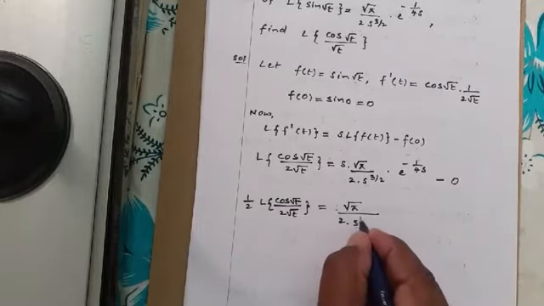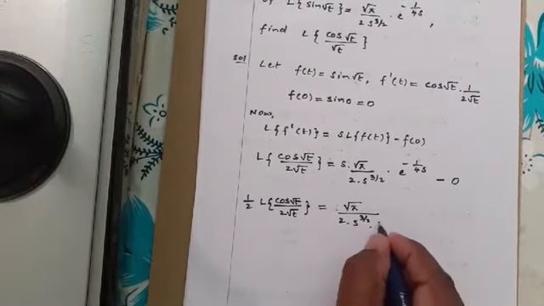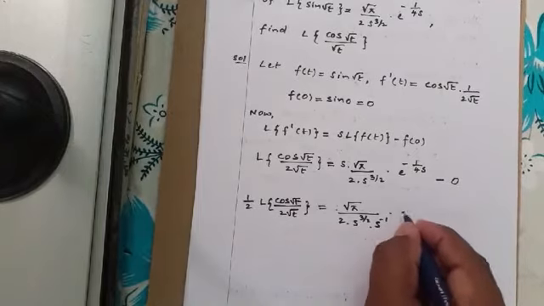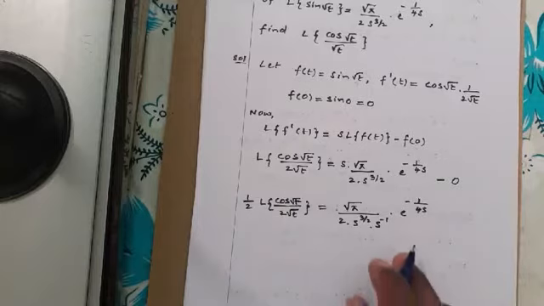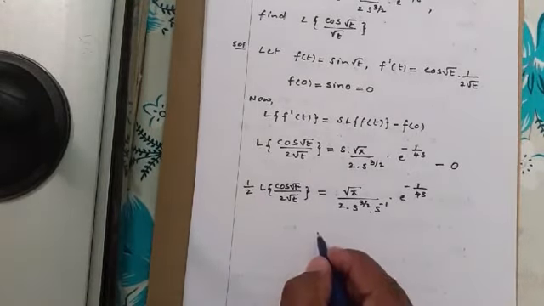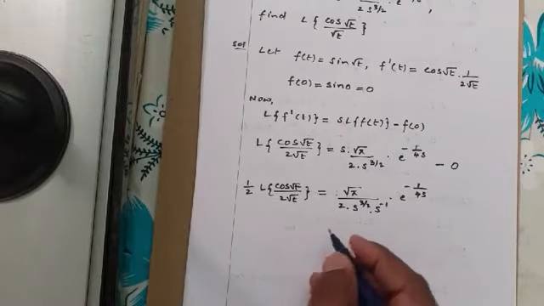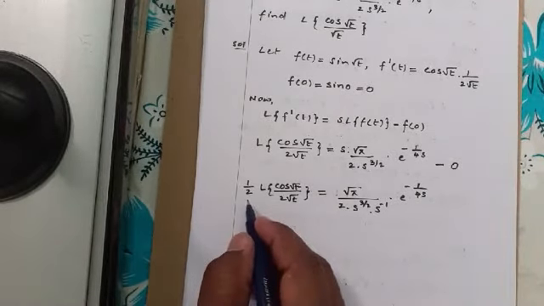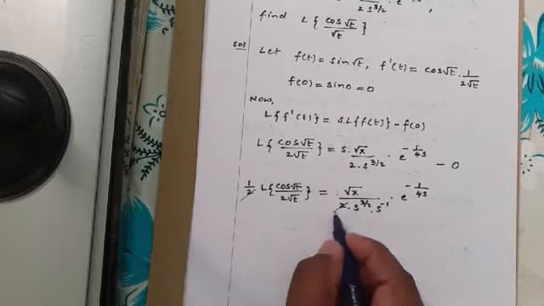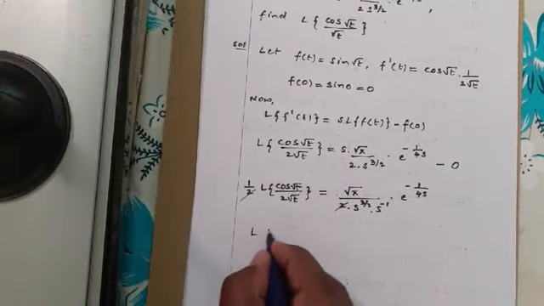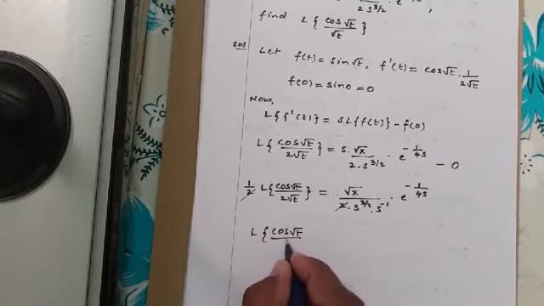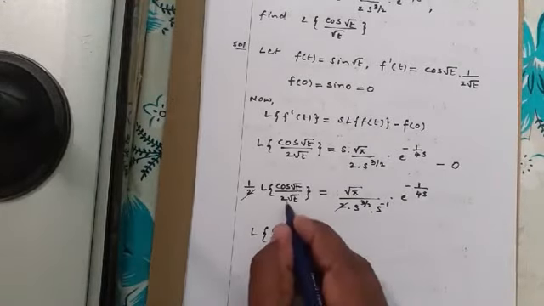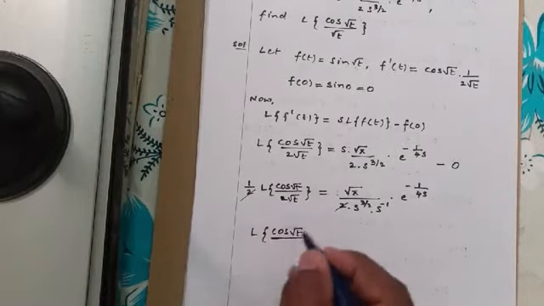This becomes s power 3 by 2 into s power minus 1 into e power minus 1 upon 4s, minus 0, which we neglect. Now here you can cancel 2, so this becomes Laplace of cos root t upon only root t.